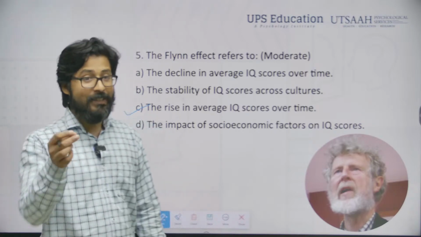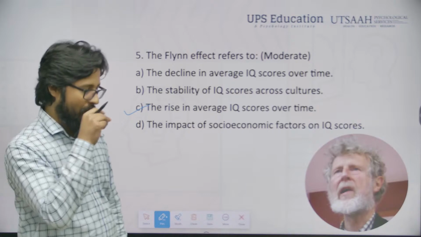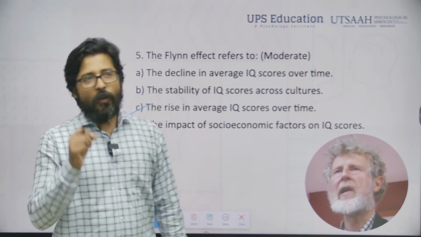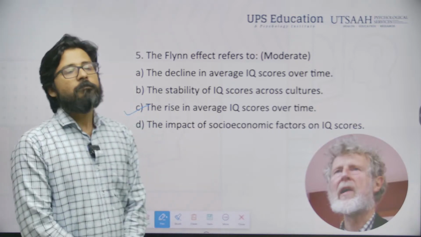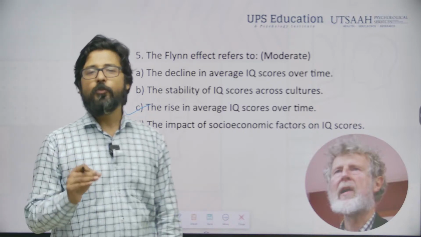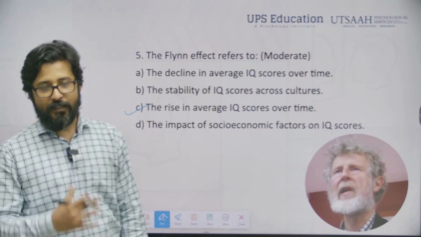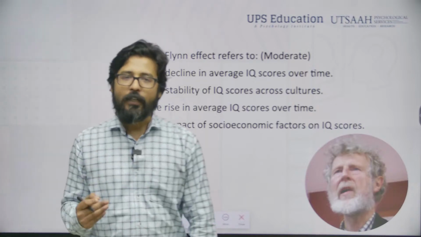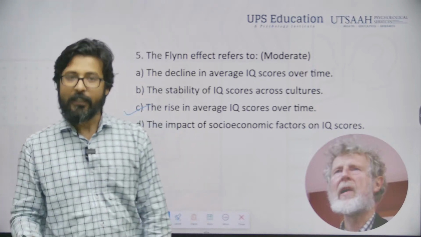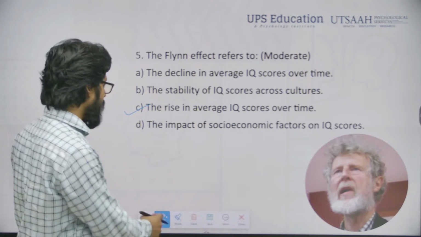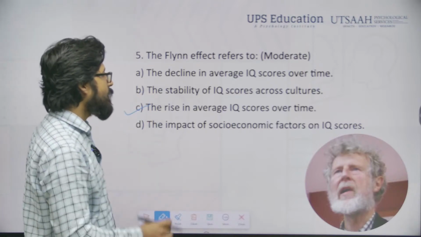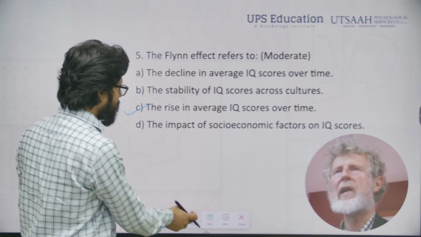If you know why it is said so, you can mention it in the comment box, right? But one thing that will be important for the exam: they mentioned that 3 IQ points will increase in 1 decade. That means in every 10 years, 3 IQ points are going to increase, right? So option C will be the right answer, the rise in average IQ score over time.